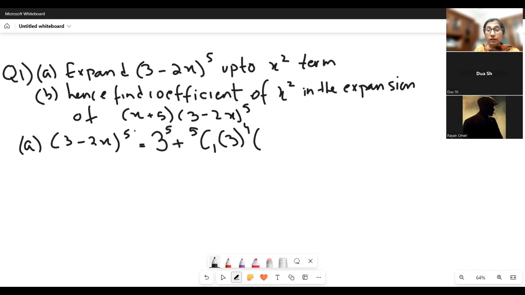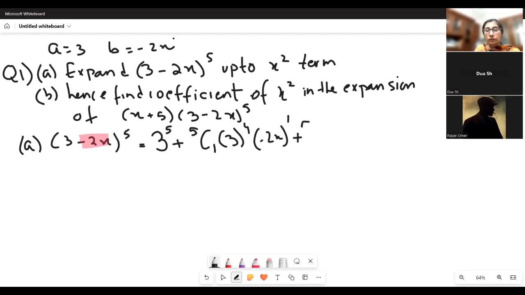B here is a negative value. Keep that in mind. This is very important. B is actually minus 2x. So A is 3, but B is minus 2x. So it's going to be (-2x) to the power 1.